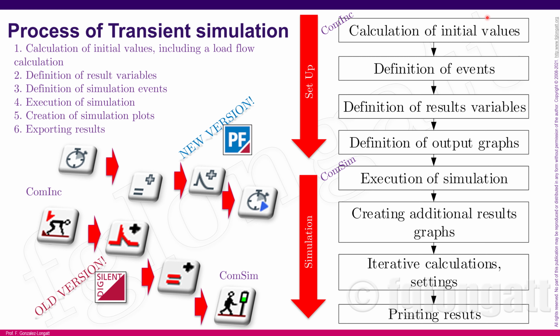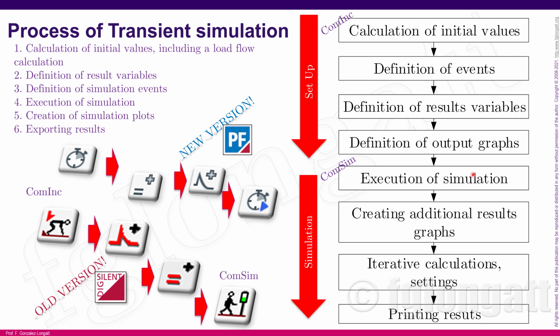On the right-hand side, I put here a process, because this process is more generic. I call the first steps the setup: calculation of initial condition, definition of events, definition of result variables, and definition of output graph. Then we run the simulation.